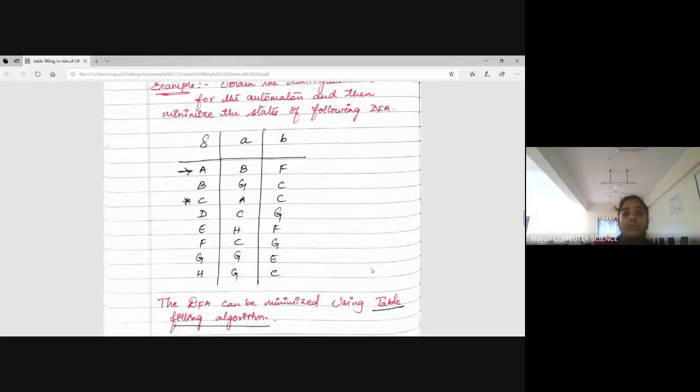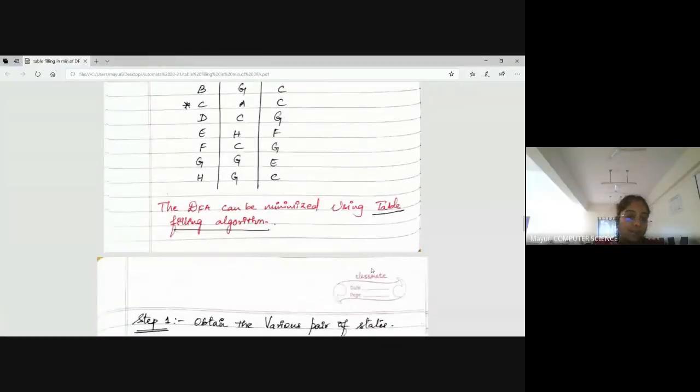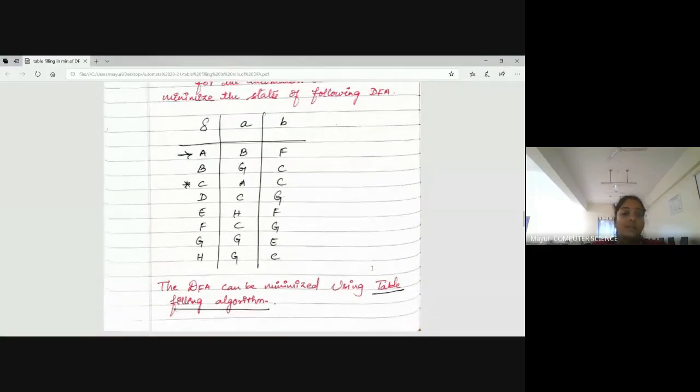So what did you come to know in this is the start state is A, and then the final state is C, right? Before you go for that, since we are always comparing two states, whether those two states are distinguishable or indistinguishable, we need to have a pair of states.